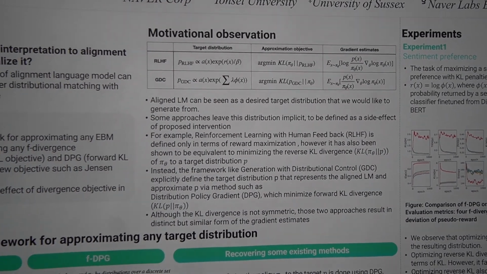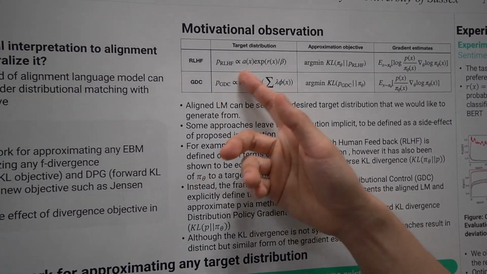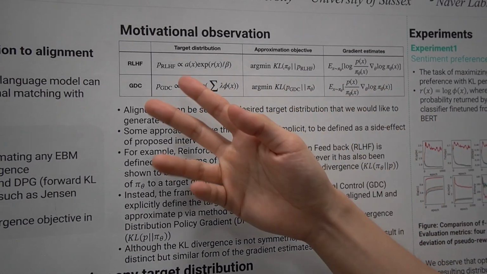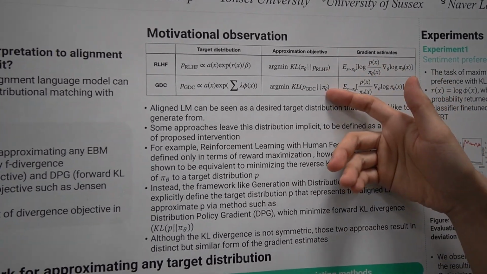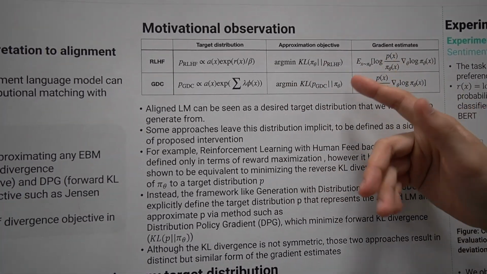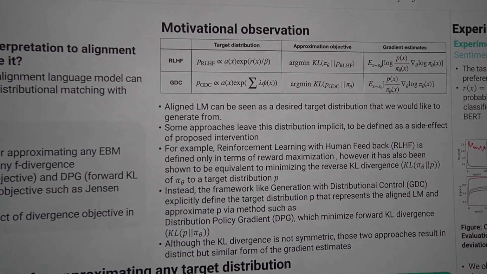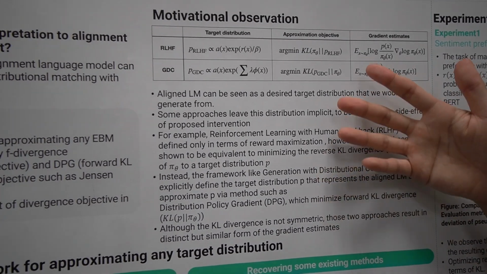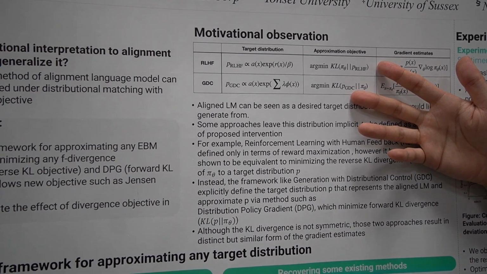But there's another interesting line of work called GDC, which also defines the target distribution and then minimizes the forward KL divergence. These two look very different, but in this view the only difference is the objective function. One is minimizing the reverse KL divergence, and the other is minimizing the forward KL divergence. So our research question is whether we can generalize it to other kinds of objectives, or whether different objectives have different impacts on training the language model.